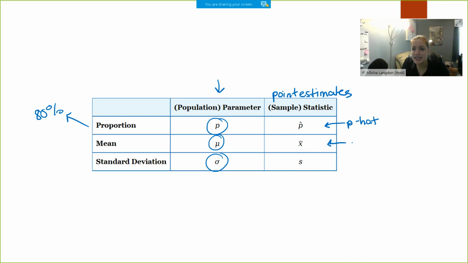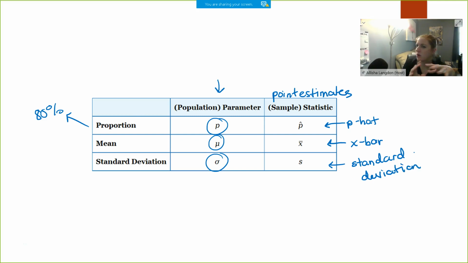The next one is X bar. You're probably pretty familiar with that one. It has an X with a bar over it, and that's for your sample mean. And then S is your sample standard deviation. Are a lot of these looking familiar?